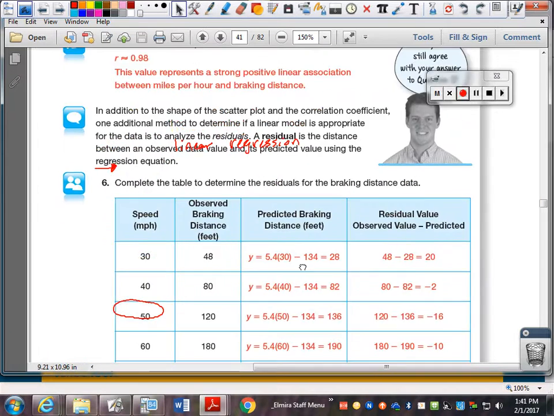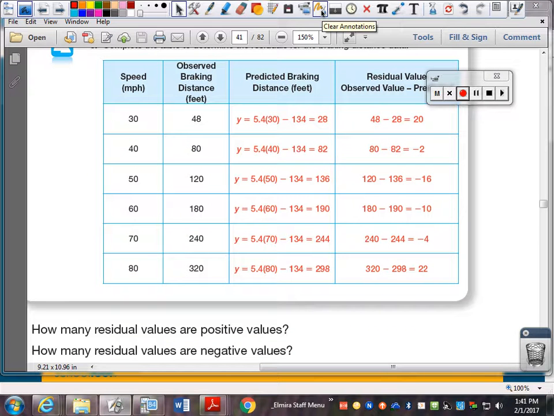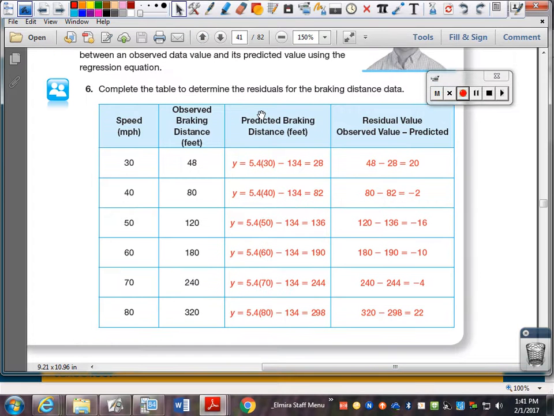But then we have these things called residuals. To get this table filled in, we have that equation up above that we put into our y equals: y equals 5.4x minus 134. We did this on the calculator in class, so this shows doing it by hand.